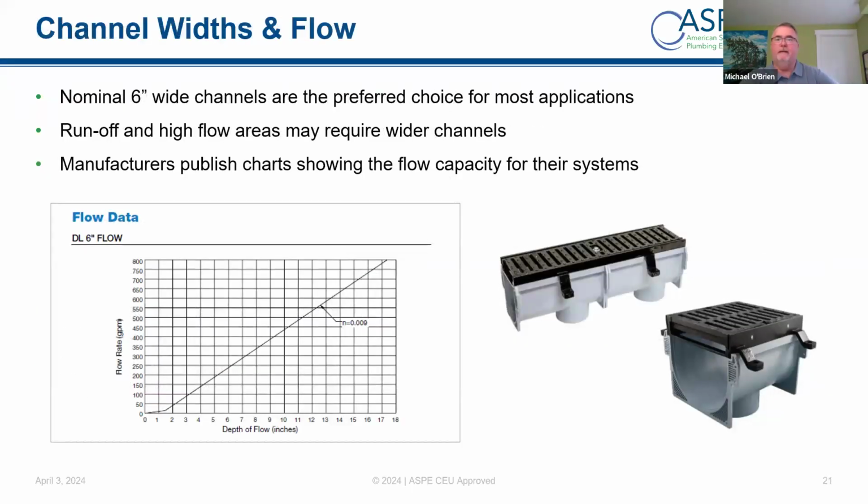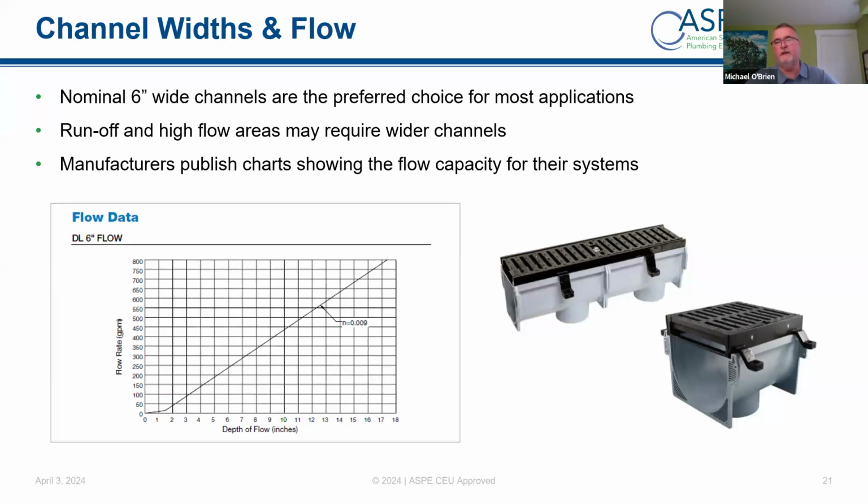6 inches is a typical width for a channel drain or a trench drain, and there are some other options. 12 inches is fairly common in most materials. In stainless steel, you could have 3-inch, 4-inch, 6, 8, 12, all the way up to 32-inch wide channels.